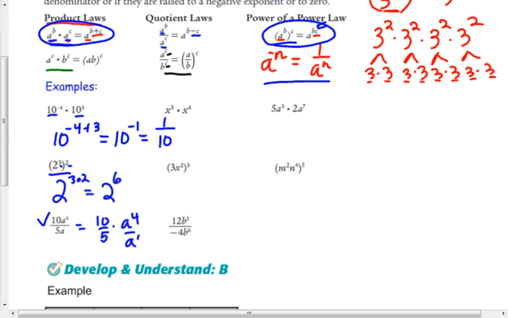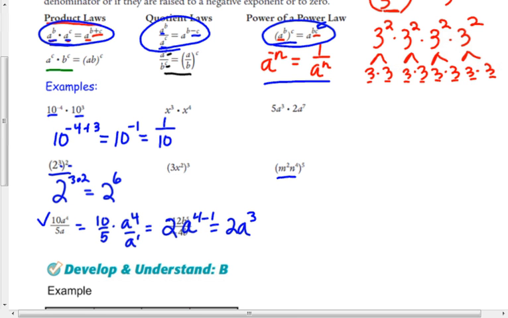And now I'm going to use this quotient law, and that says you need to subtract the exponents when you're dividing. So I'm going to do 10 divided by 5 is just 2. And a to the 4th is just a to the 4th minus 1 using that quotient law. And that's the same as 2a to the 3rd in simplest form. All right. We're going to do one more here.